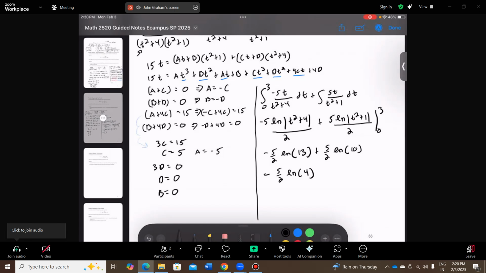Now we're minusing, so minus, and then I put these in parentheses, plus 5 halves natural log of 1, this one being just 0.